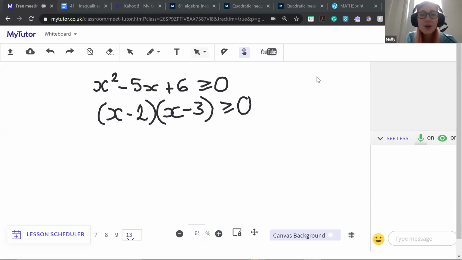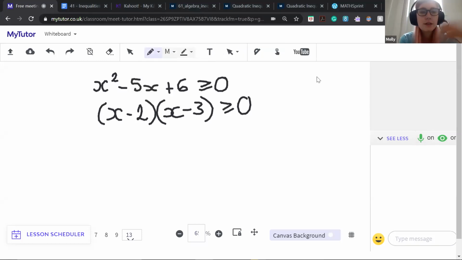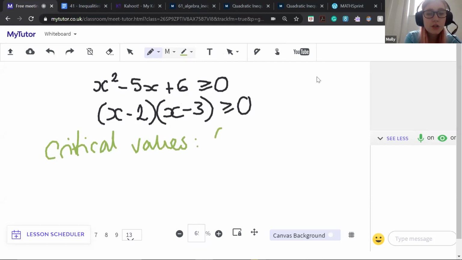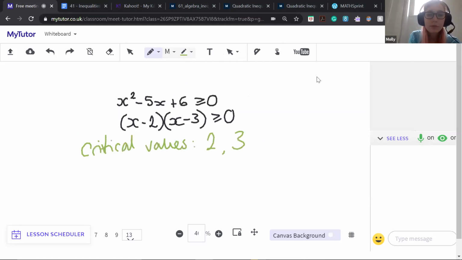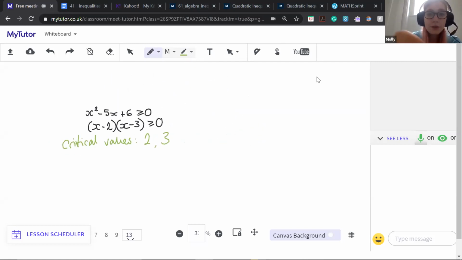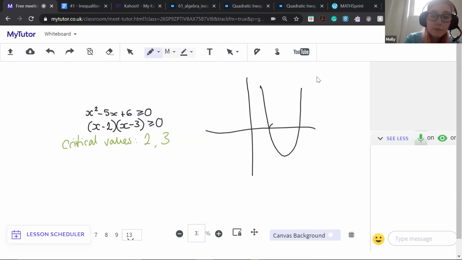Yeah, brilliant. Okay, 2 and 3. So the critical values are 2 and 3. So now all we do, this step is not as confusing as it seems. We just draw a positive x squared curve going through the points 2 and 3.